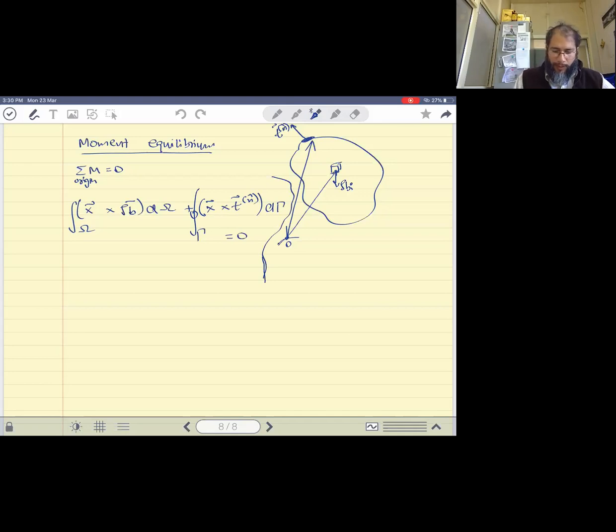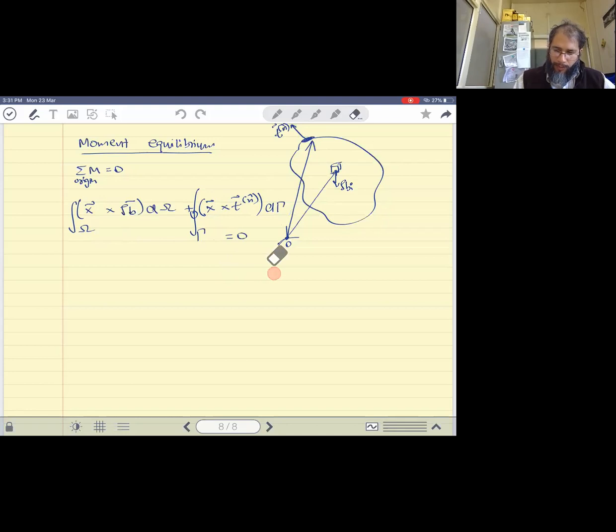So the torque of the body force and the torque of the surface force, when you add them, all of them, you integrate them over the complete volumes and areas, this net moment about origin has to be 0. And the reason it's the moment about origin is because the position vector has been taken from the origin O in this case. Now we use indicial notation.